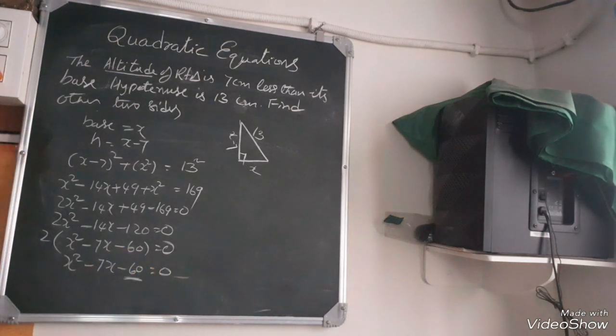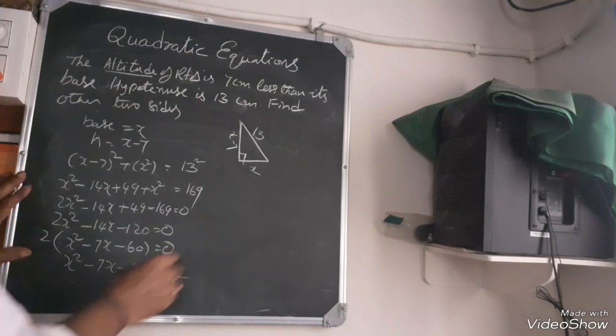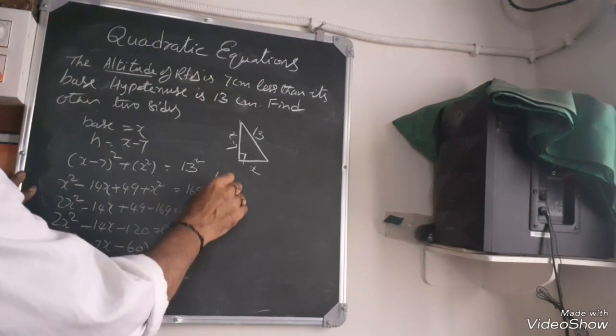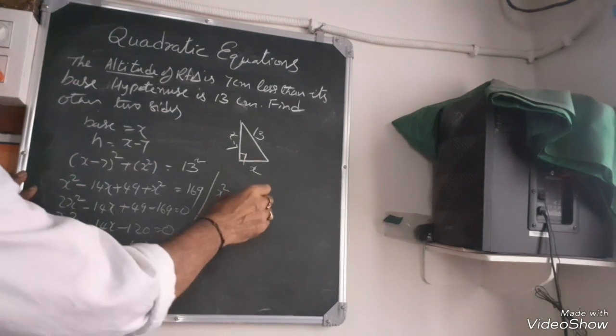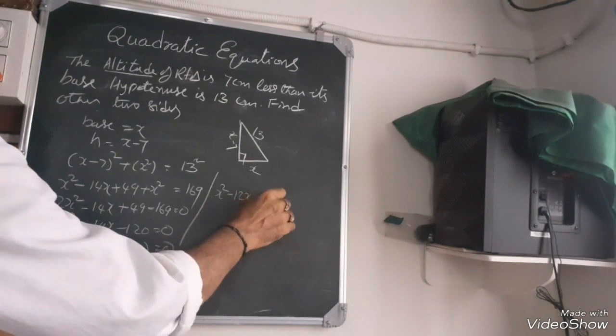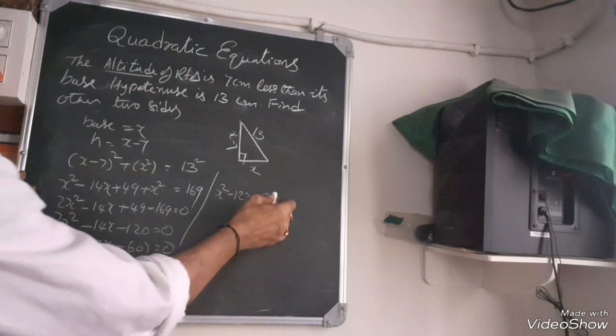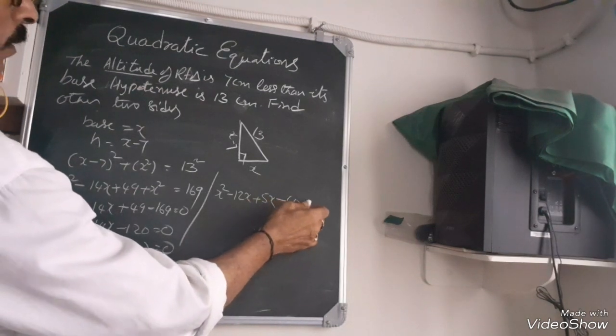So 60 factors, by subtracting we have to get 7. So you can take 12 into 5. Then we get x square minus 12x plus 5x minus 60 equal to 0.